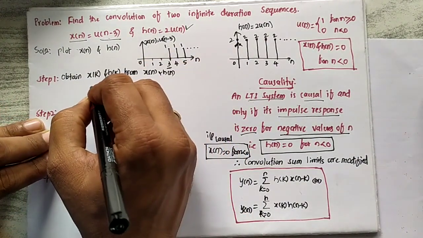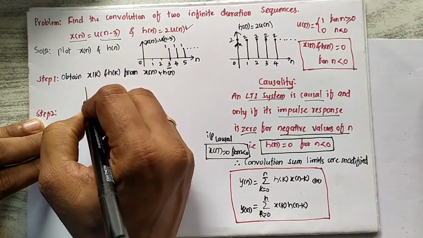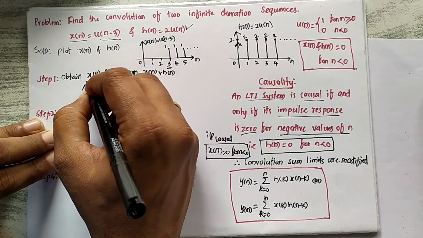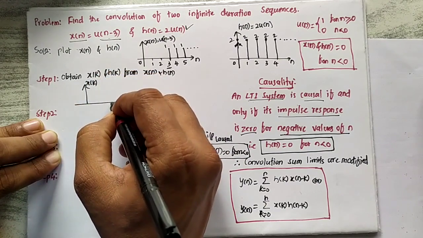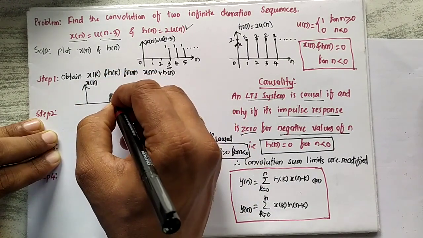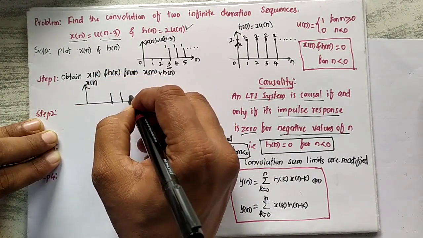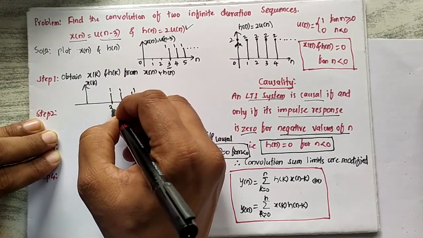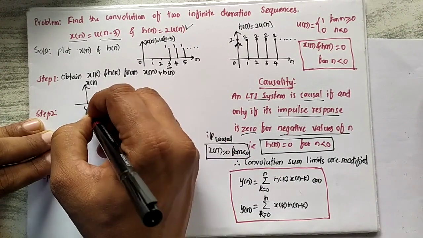So it is simply changing the limits here. Okay, this is x of k, it starts at 3, and this is k: 1, 2, 3, 4, 5, and so on, it is 0.